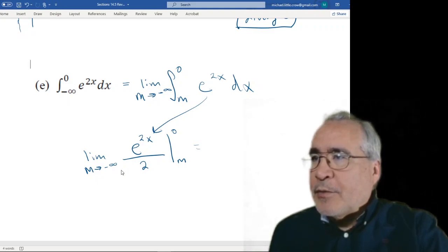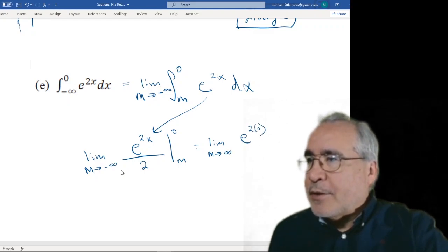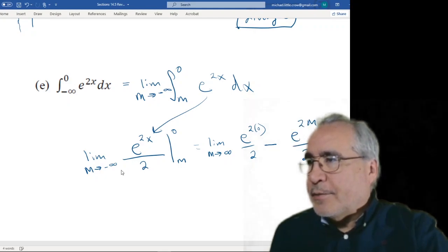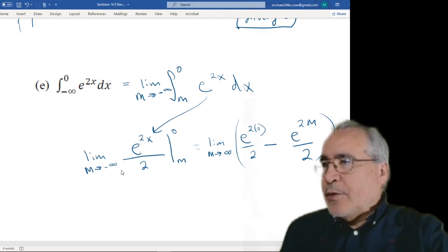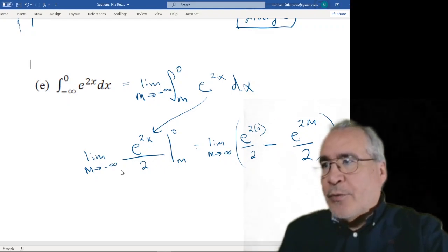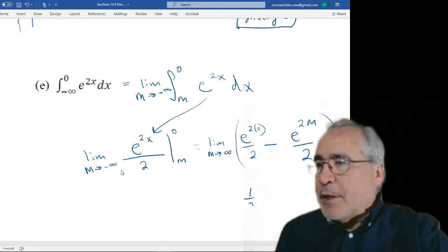So when we plug in our limits, we plug in the top one first again, so this becomes the limit as m goes to negative infinity of e to the 2 times 0 over 2 minus e to the 2m over 2. Now, 2 times 0 is 0, e to the 0 is 1, so this front term simply becomes 1/2.